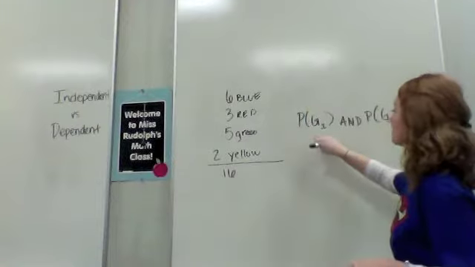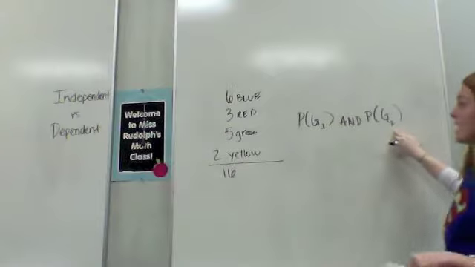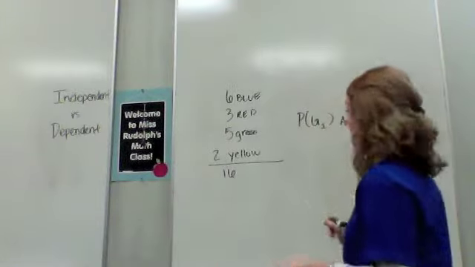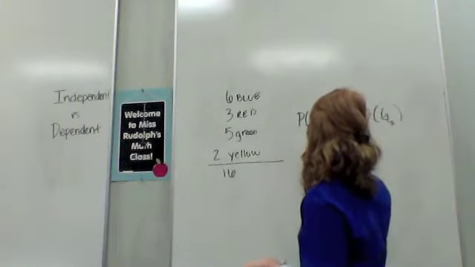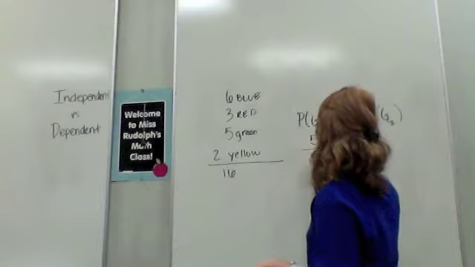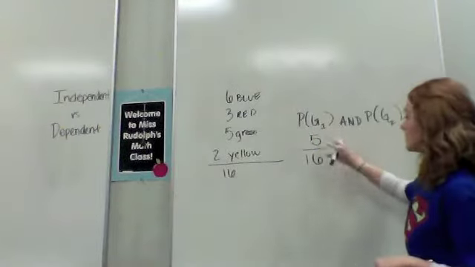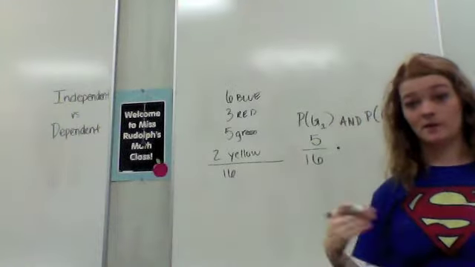Well, here we're drawing a green and drawing another green, and remember, in this example, I'm not replacing them. So the probability of drawing a green the very first time, there's 5 green out of a total of 16, possible over total. And means multiply, so I'm going to have to multiply these 2 events.